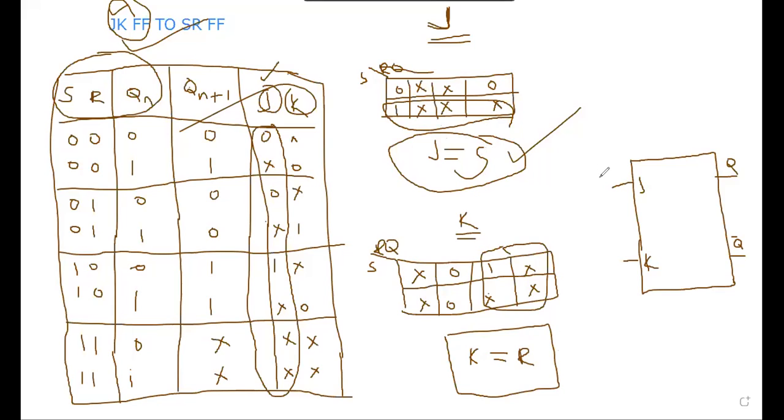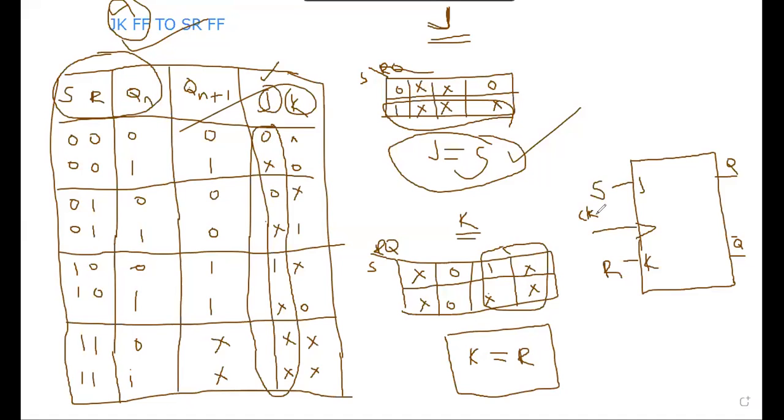Yes, sir, S. So you consider S in here. What value you got in the place of K? R, sir. So I'm giving the two inputs, and this clock is mandatory. Don't forget for any flip-flop, clock is always mandatory. Write it as CLK. This is nothing but a conversion of JK flip-flop into SR flip-flop.